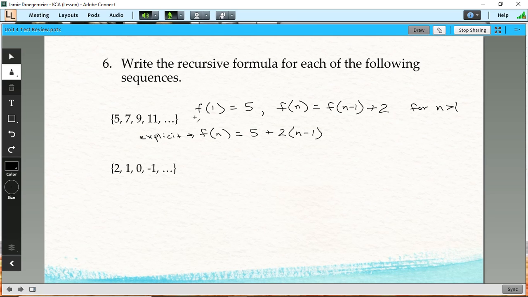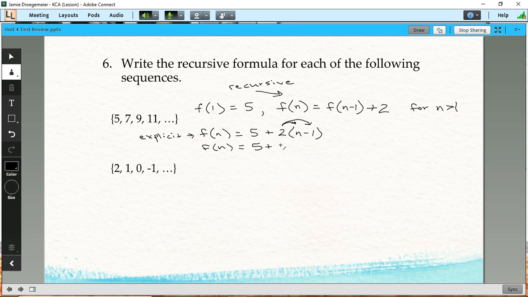And sorry about that. This one is our recursive formula. And we could go ahead and simplify this explicit one by distributing the 2. I'm just going to do that real quick to show you what that looks like.